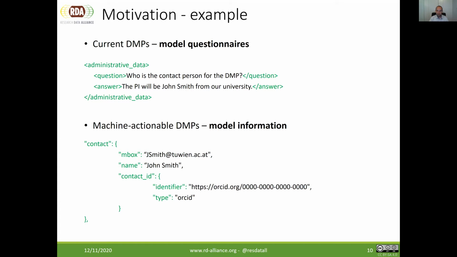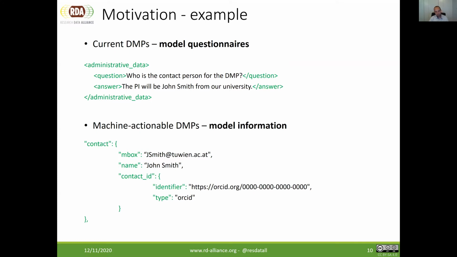So this is basically the same information as at the top of the slide, what you can see in the bottom of this slide, but divided, split into specific fields. And here we can see an exact email address of John Smith. We can know that the name is John Smith, and we also know how we can identify John Smith with a person identifier, in this case, ORCID.